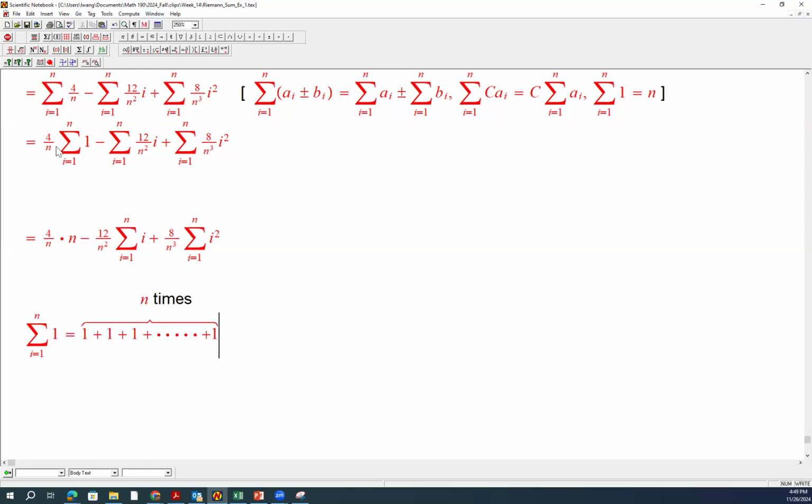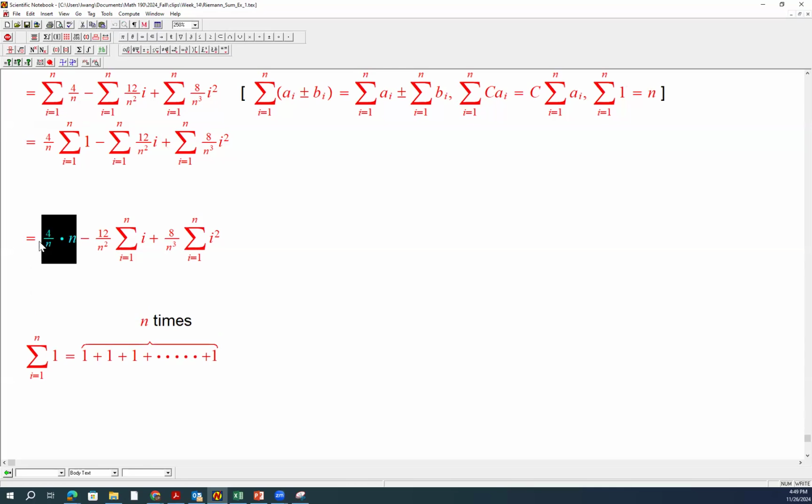So this summation notation means that. You don't need to show me. That's how we get this piece.